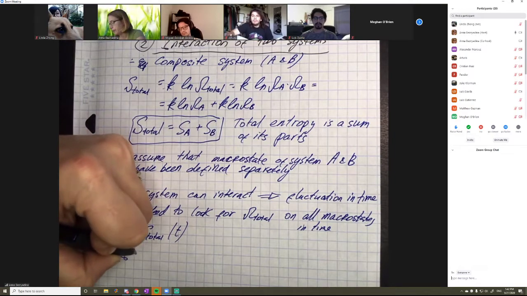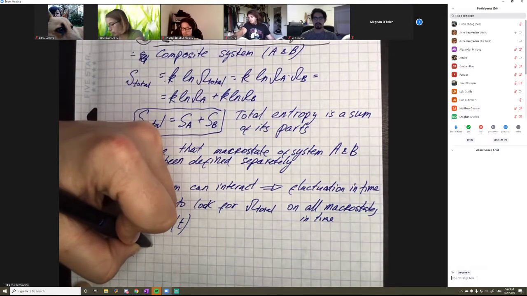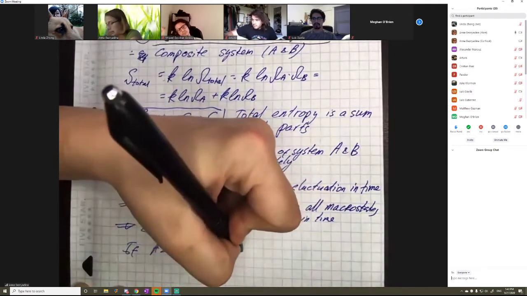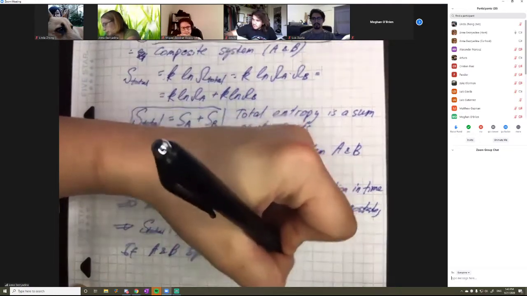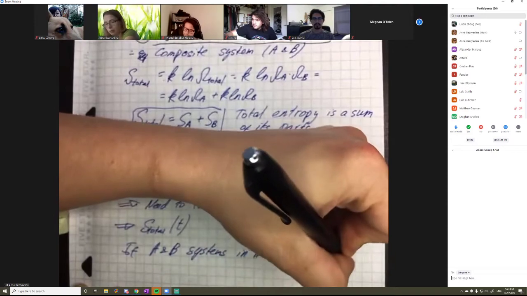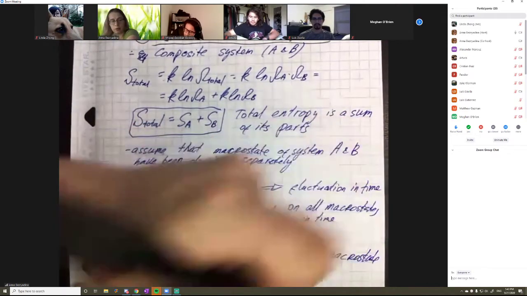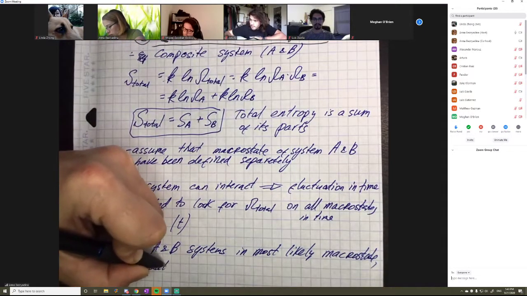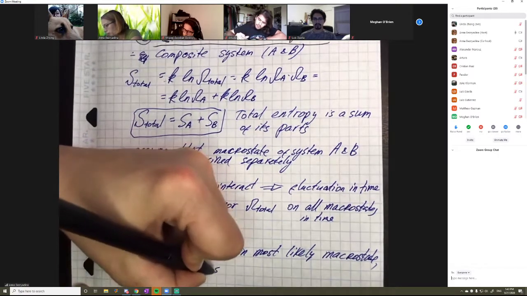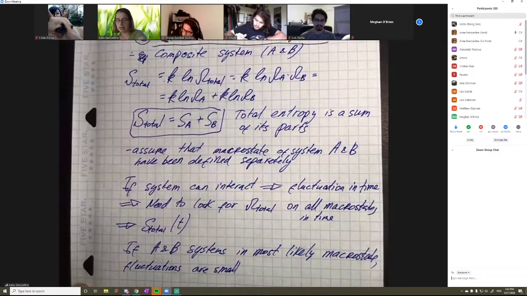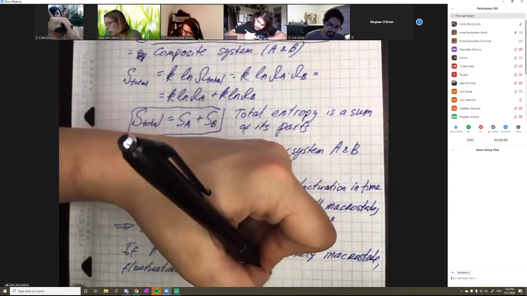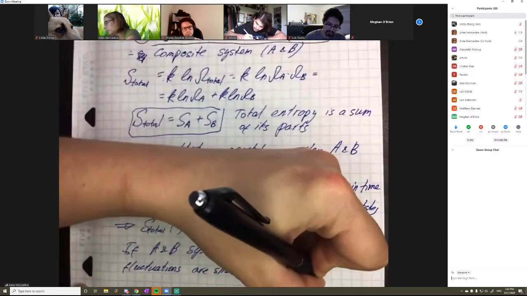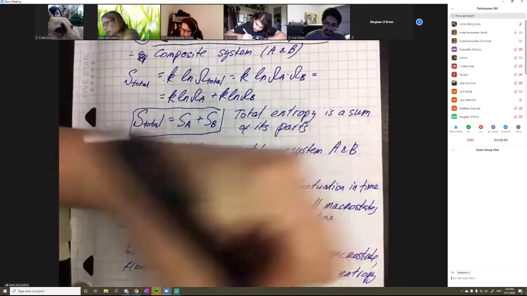So if systems A and B are in the most likely microstate, fluctuations are small, and we get almost the same entropy. Okay, so let me put it like that.